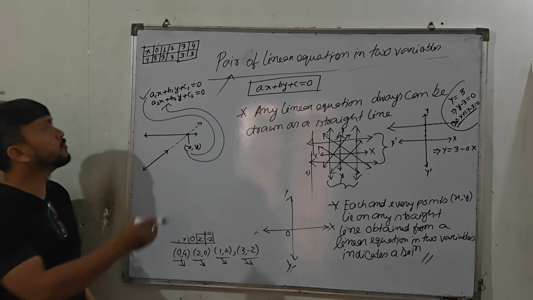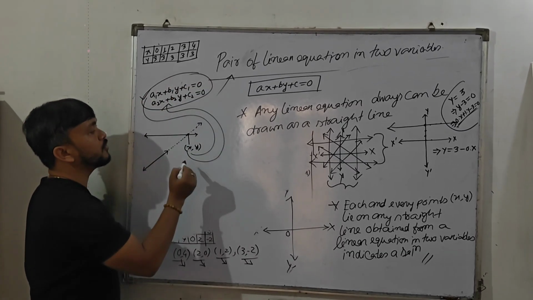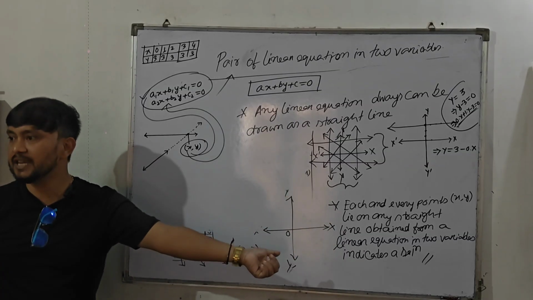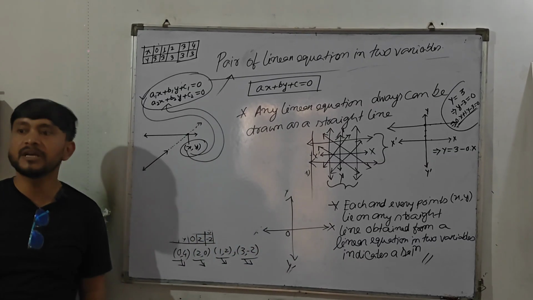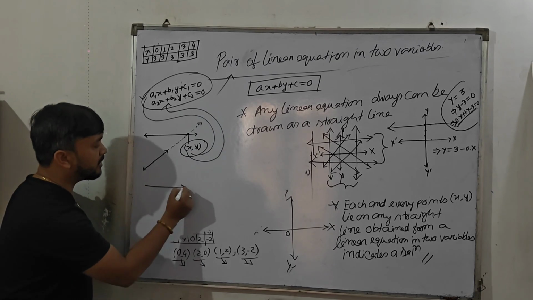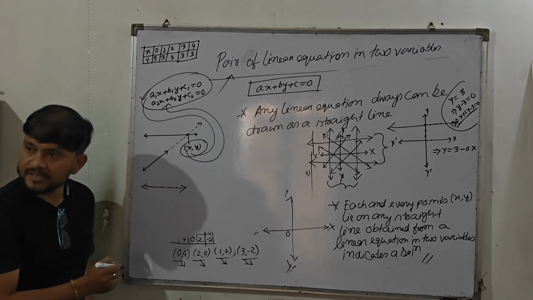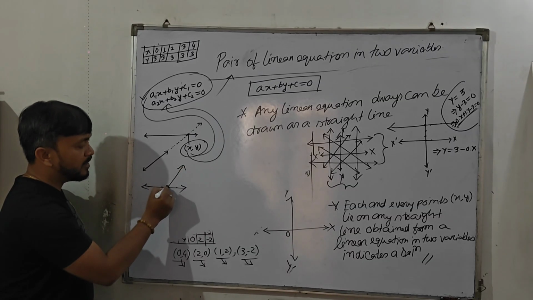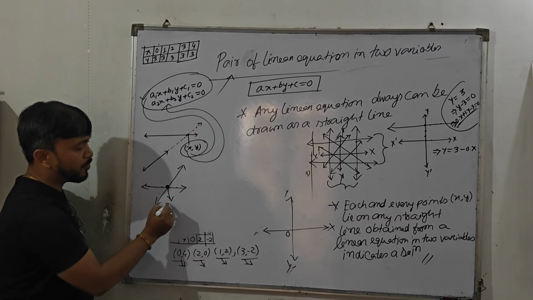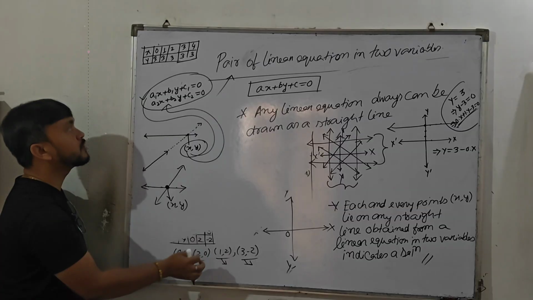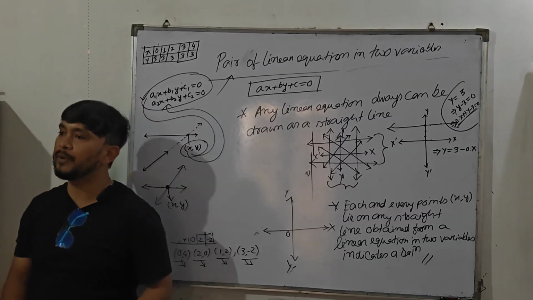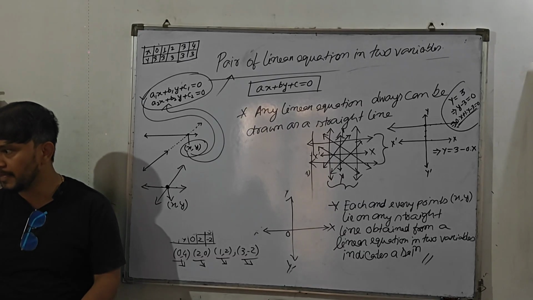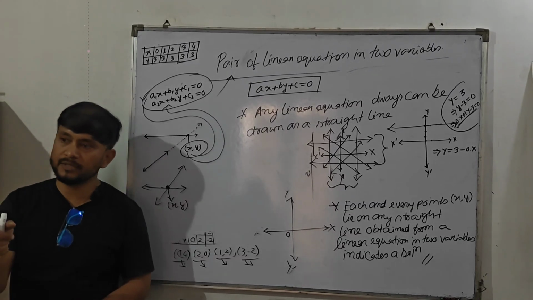If there is only a single line there will be infinitely many points, but if there are a pair of lines then definitely they will intersect at a point, and that point's coordinates will be a solution for the pair of linear equations given.